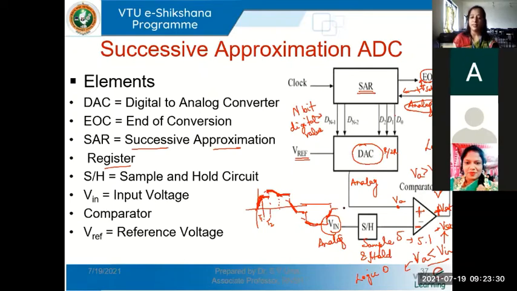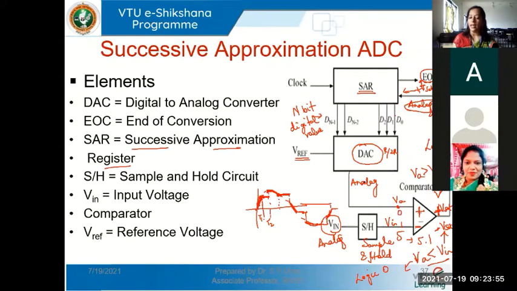Okay, let's try to analyze this working. I'll just explain this working once and we will do the analysis next. So whenever the input analog signal is sampled and one sample of the input analog signal, let's say Vin1, is fed to the inverting terminal, and initially this VA will be 0.